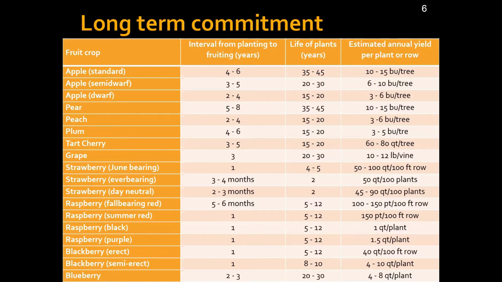It's not something where you have the impulse to begin now, and then suddenly you say, nah, this is taking too long, I'm just going to quit. You have to think about the commitment and the amount of investment that you're going to put into this. We're also including in this table the estimated life for those trees, and how much you should expect from each tree in terms of yield.